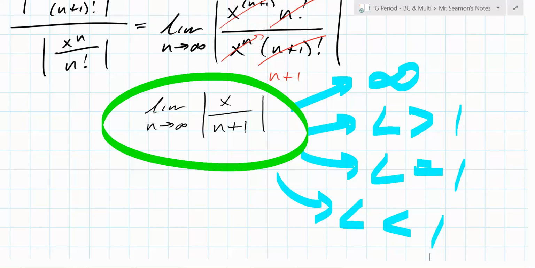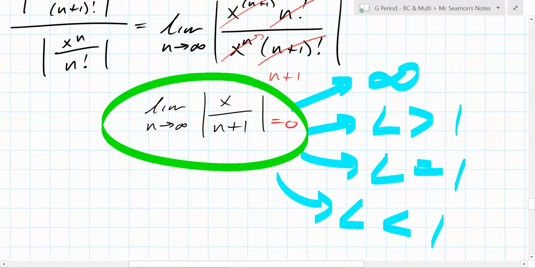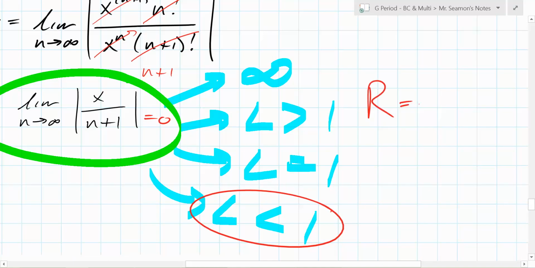You understand that little piece there? So what can we say about the radius of convergence? We show that this limit is always going to be which of these 4 right here? Less than 1. No matter what, we just figured out that this thing is always going to 0, so it's this one. So what does that mean about the radius of convergence? What's the radius of convergence on this one?